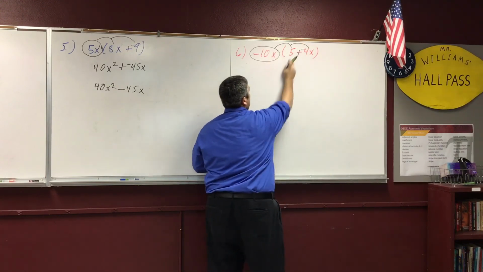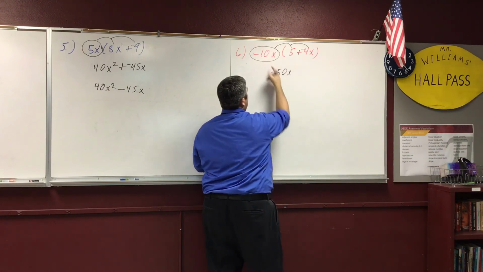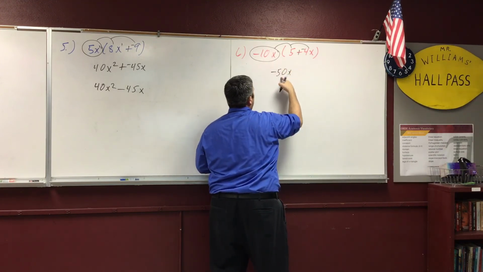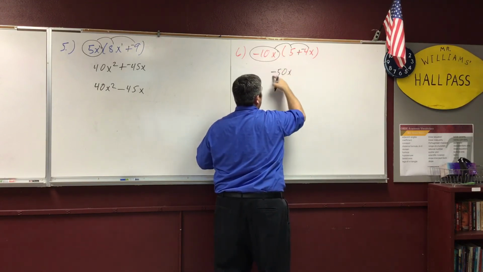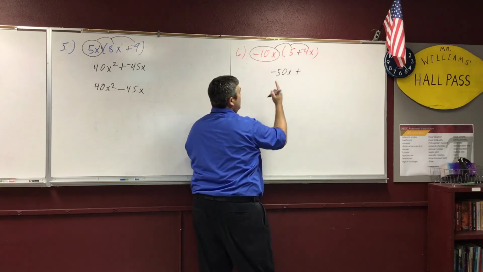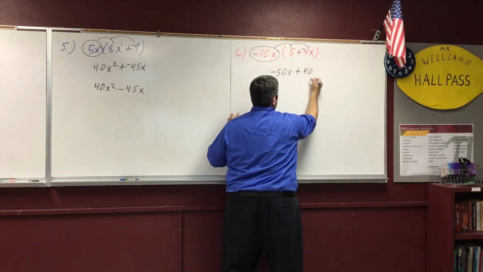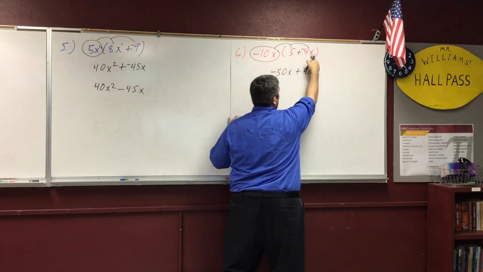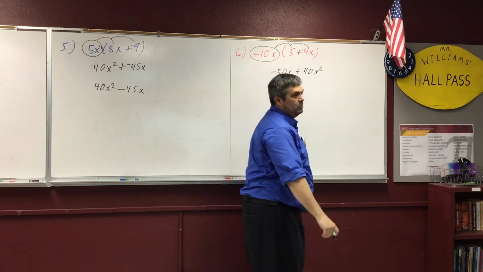Negative 10x times 5 gets me negative 50x, because all I do is multiply these two, bring it down, the x stays with it. Sign negative times a positive gets me negative. Plus, again, negative 10 times negative 4 gets me a positive 40. X to the first times x gets me x to the second, product of power rule.